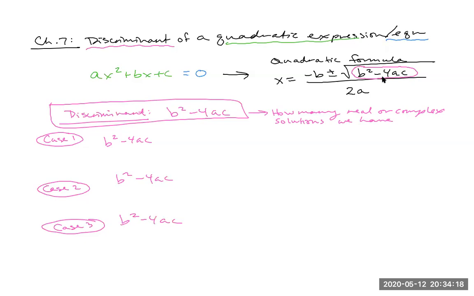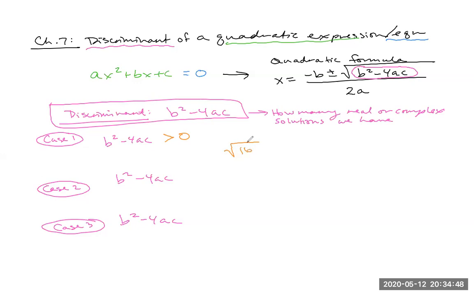Okay, so suppose for case 1, your discriminant is greater than 0. Okay, what that tells you is you're going to get a positive number underneath your radical sign if you use quadratic formula. And if you have a positive real number, say b squared minus 4ac comes out to whatever, 16.